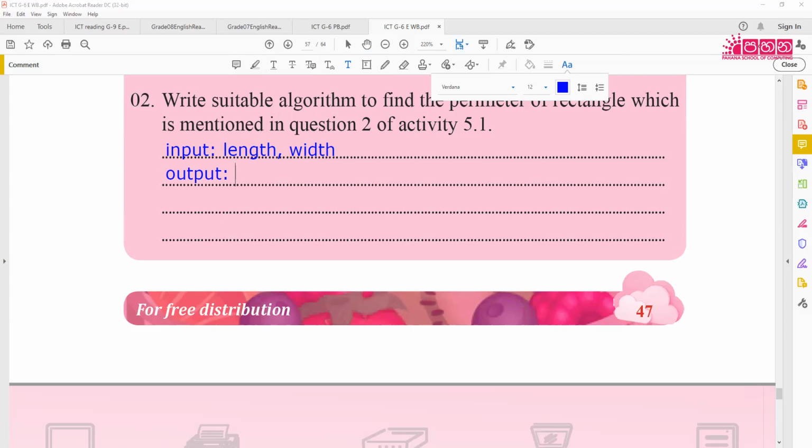Isn't it? We need perimeter. Perimeter of the rectangle, isn't it? So given length and width, how do you find the perimeter?